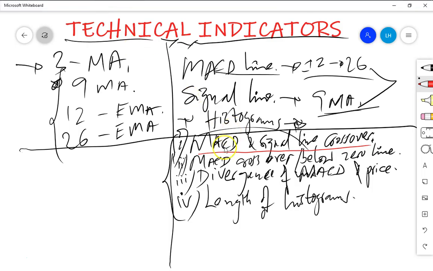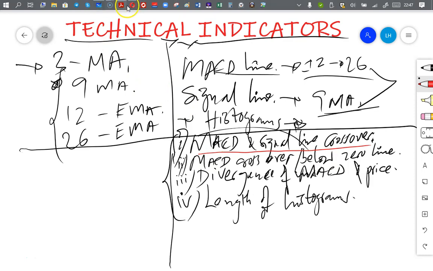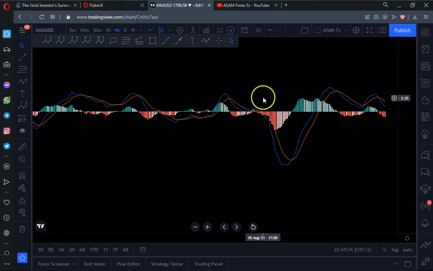And then the second use is MACD crossover or below a zero line. This is another way you can use it, whereby we already have a zero line here.